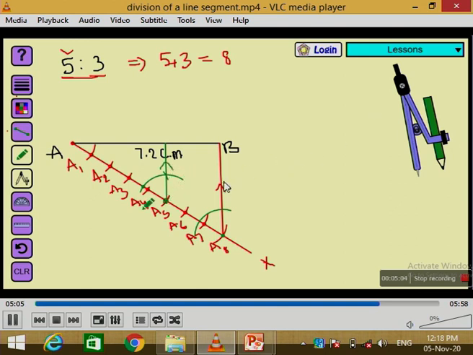Because it is parallel to this line, the side is in the ratio 5:3. So most certainly the segments of AB will also be in the ratio 5:3 by using the basic proportionality theorem.